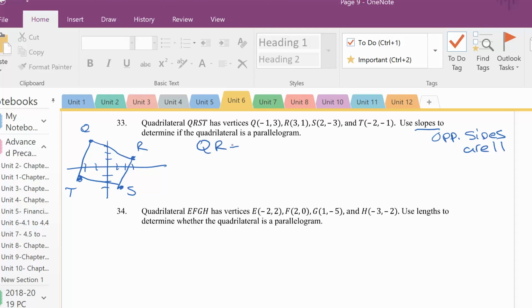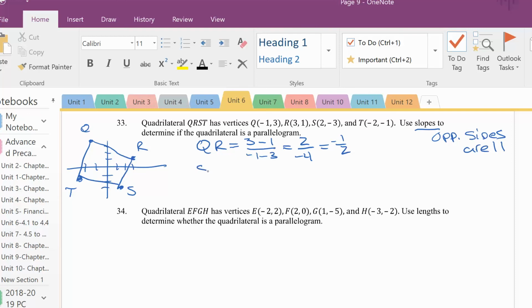Then you want to find the slope. So the slope of QR, remember it's y2 minus y1 over x2 minus x1. So 2 over -4, which is -1/2. Then you're going to do RS. Actually, we'll do the opposite ones together.